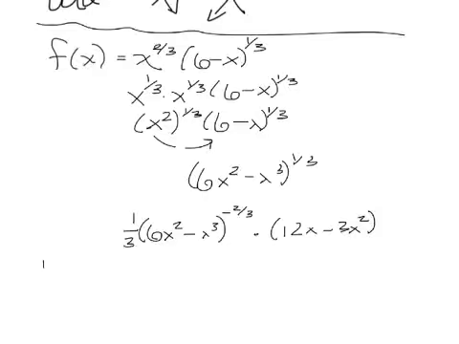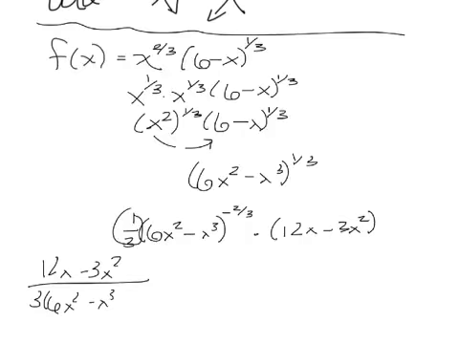Then rewriting that, we still are getting this first derivative. We would then have 12x minus 3x squared divided by, remember this 1/3 makes there a 3 in the denominator, 3 times 6x squared minus x cubed to the 2/3, positive 2/3 now, no longer negative.